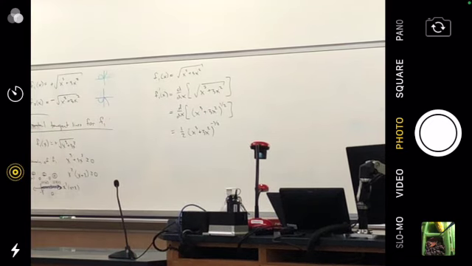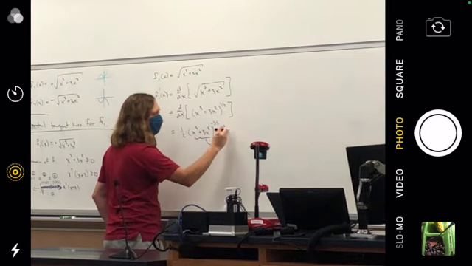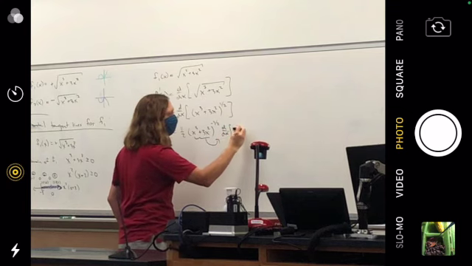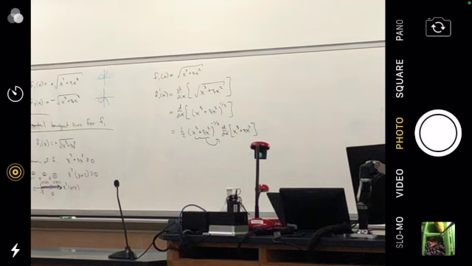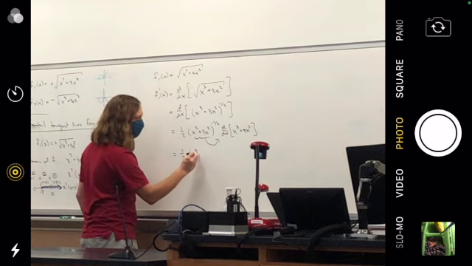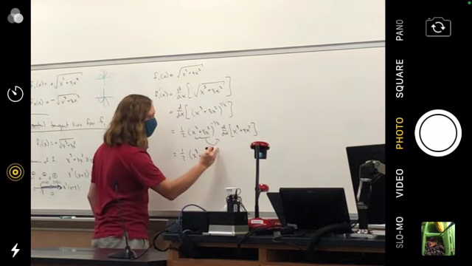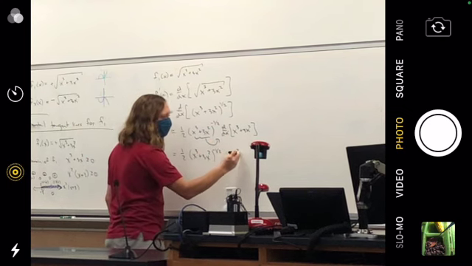So if I did only the power rule, I would get this, right? But that's ignoring the fact that I have something inside the parentheses. So to account for the parentheses, I have to use the chain rule, which says I can take that derivative using the power rule, but then I need to multiply by the derivative of the inside part. I couldn't just ignore it. So I get 1/2 times this. And then what's the derivative here? 3x squared plus 6x.